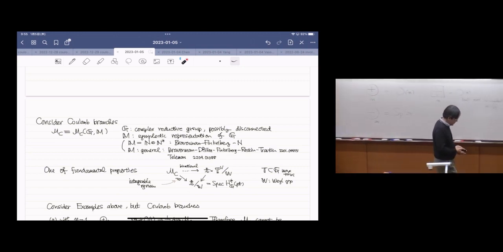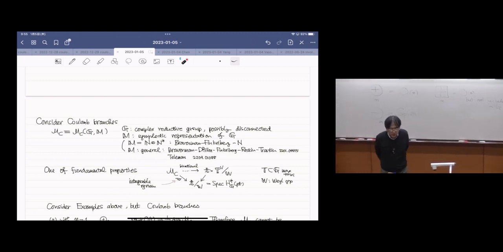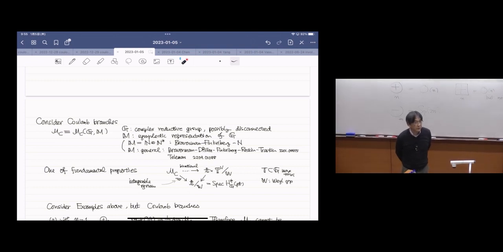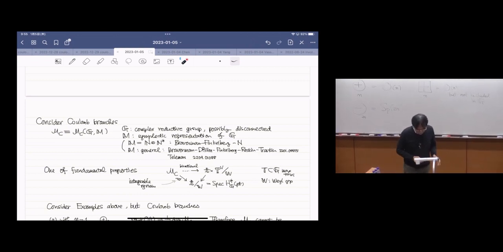The affine Grassmannian for this possibly disconnected group is the same as the affine Grassmannian for its connected component, but we are also using equivariant cohomology, and the equivariant cohomology is different if I replace it by the connected component. So the construction depends on the particular choice of the group, which could be disconnected or not.